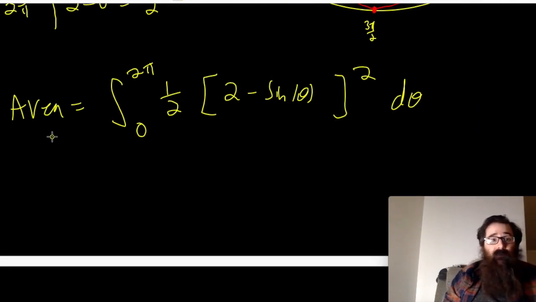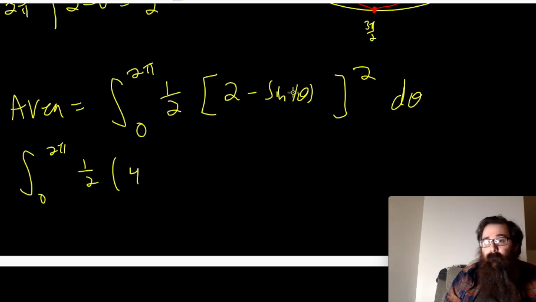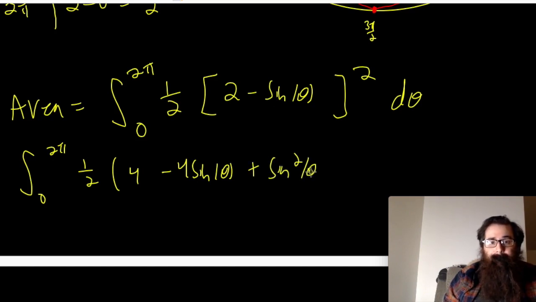And I can go ahead and FOIL this out. So we'll say the integral from 0 to 2 pi. Here I have 1/2. 2 times 2 gives me 4. I get minus 2 sine theta. Another minus 2 sine theta is minus 4 sine theta. Negative sine times negative sine is plus sine squared.